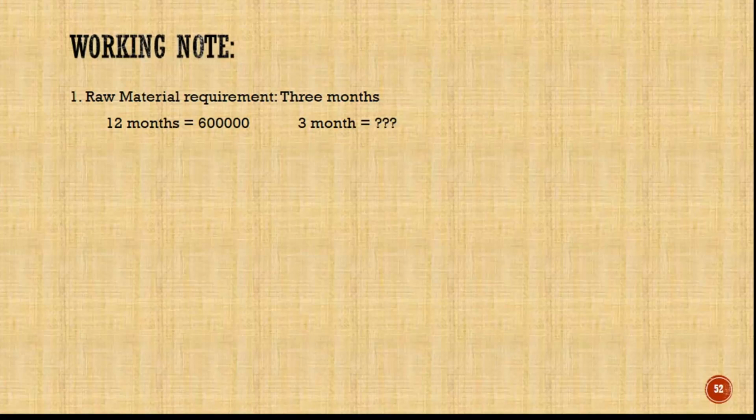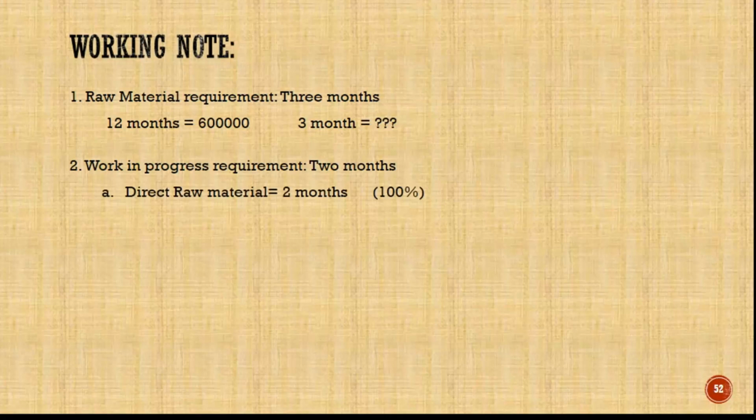So how much for 3 months? Next is work in progress requirement, 2 months. First we will calculate direct raw material requirement, that is 100% period, 2 months. Base is direct raw material amount 6 lakh.